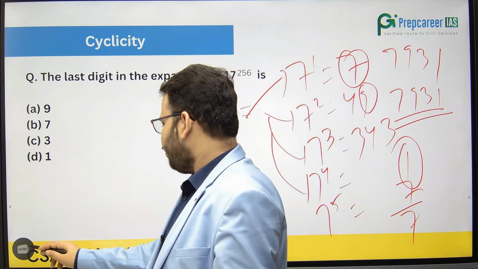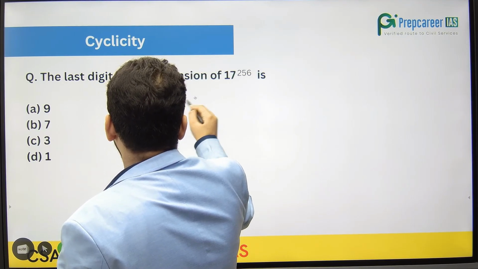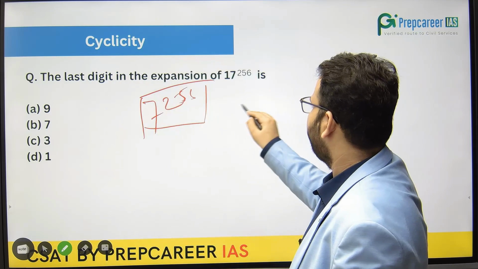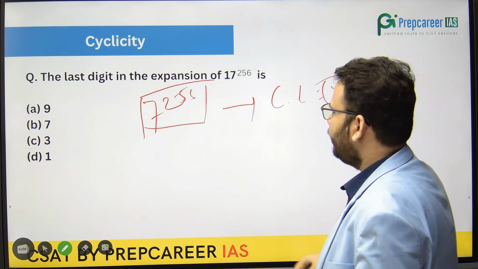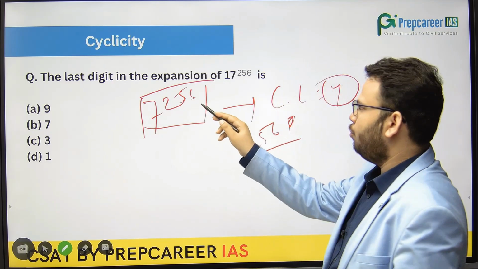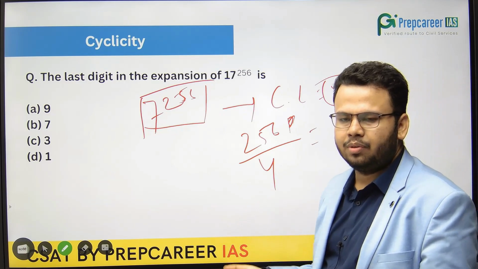Now, what do we have to find out? We have to find 7 to the power 256. When you have a cycle length of 4, you just need to divide the power by the cycle length. So 256 you have to divide by 4. We have to see whether it is completely divisible or not.